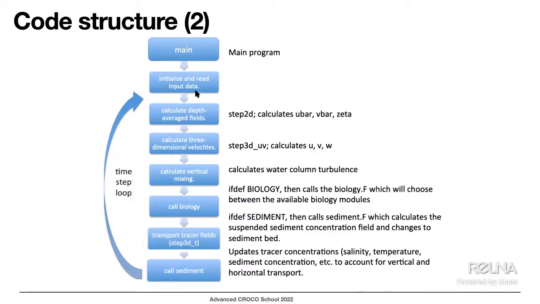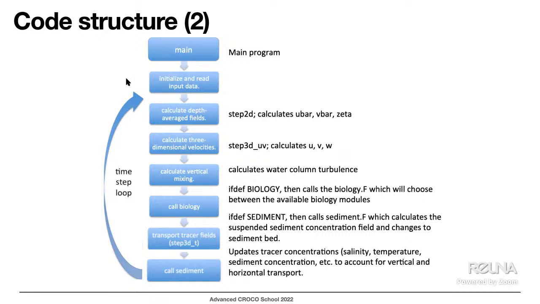You begin by reading your data, then compute the barotropic mode, then baroclinic mode, and then the tracer part, temperature, salinity. And with sediment, you just call sediment at the end. In this part, you have transport of the water column by sediment, and all additional phenomena: evolution of the bed, settling, erosion, and bed load.